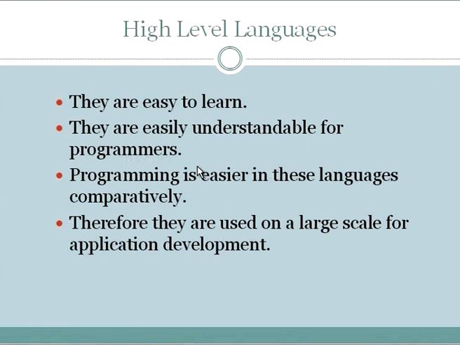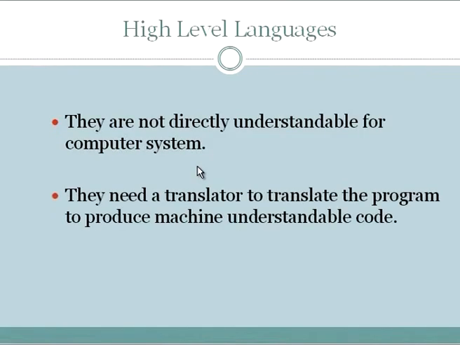Therefore, these languages are used on a large scale for application development. High-level languages are not directly understandable for the computer system. They need a translator to translate the program to produce machine understandable code.